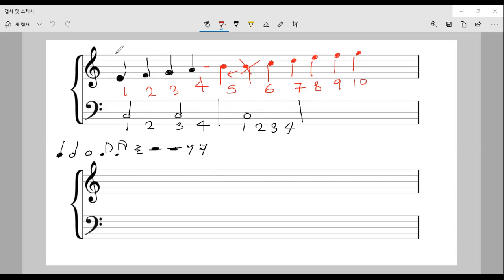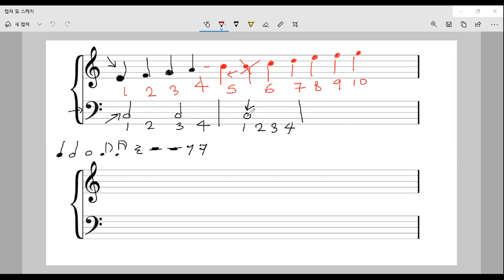So when you see a quarter note, a half note, or a whole note, you have to play it, and this indicates the note is C on the keyboard. You hit the C with your left hand, and then you count the beats, like 1, 2, and then 3, 4.